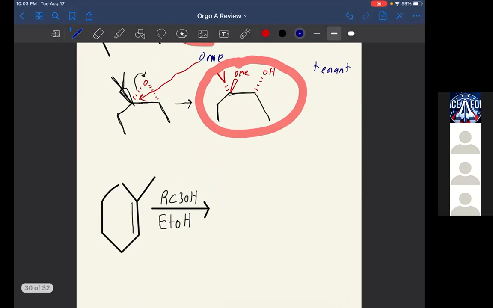So same thing for this one. It's the same as before and undergoes the same mechanism.